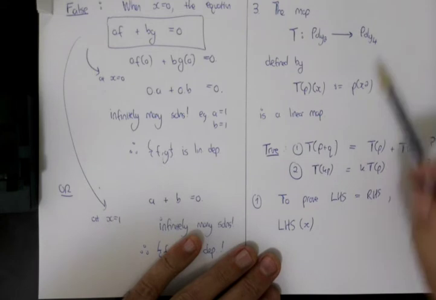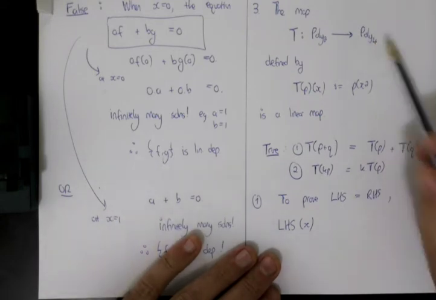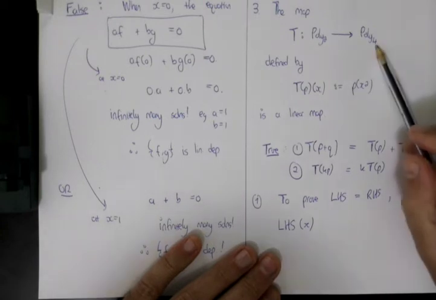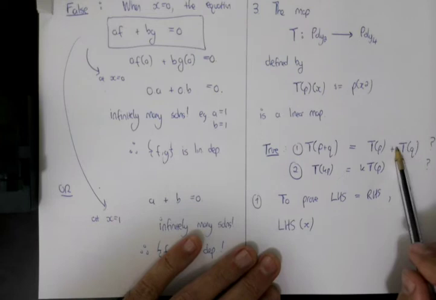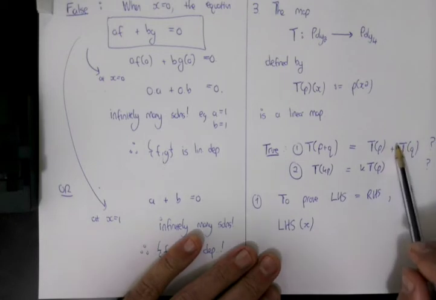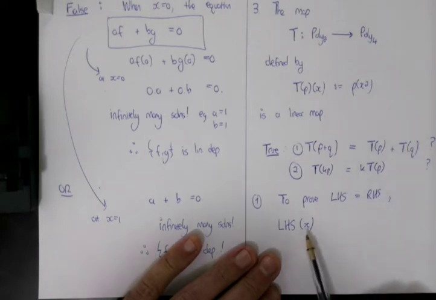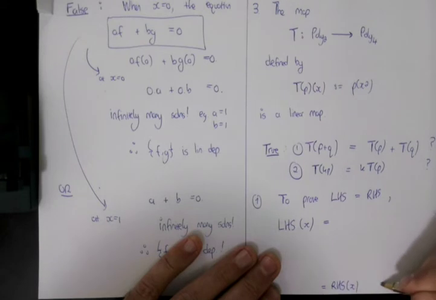This here is a certain element of poly 4, and an element of poly 4 is a function. And the right-hand side is another element of poly 4, a different function. To show that a function equals a function, you need to show that the value of the function at an arbitrary x is the same as the value of the other function at that arbitrary x. So that's what I'm doing here. I'm evaluating the left-hand side at x, and I hope to eventually get it equal to the right-hand side at x.